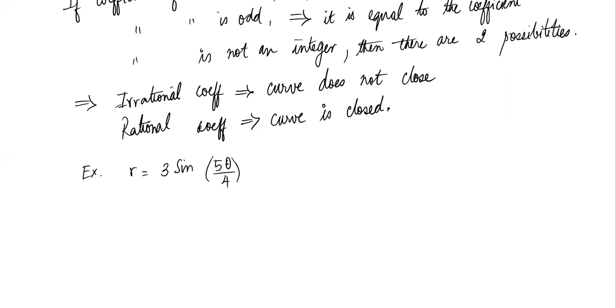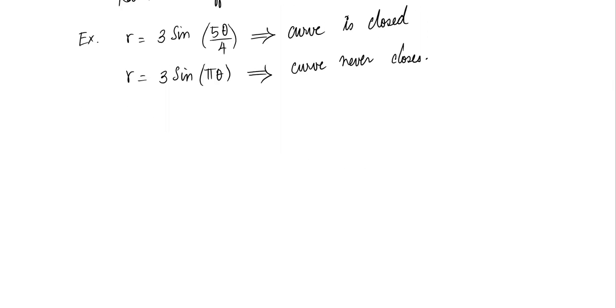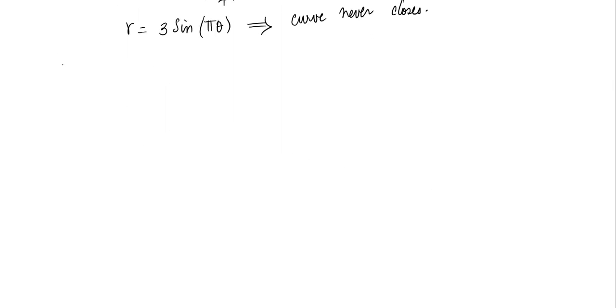Look at the coefficient. The coefficient is 5 over 4, which is rational. Without even graphing or looking at the picture, you can say confidently that the curve is closed. On the other hand, if r equals, say, 3 sine pi theta, because pi is irrational, the curve never closes. Next, we talk about symmetry in polar coordinates.